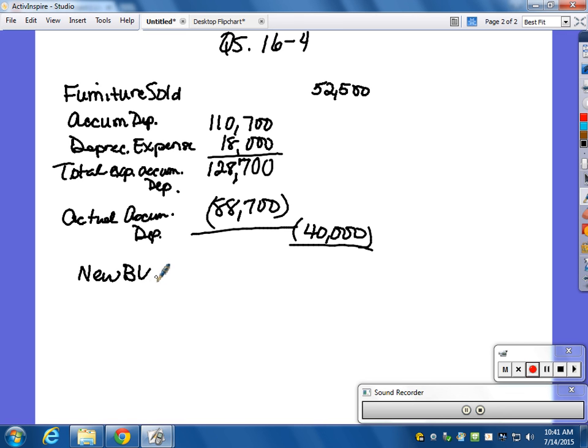How much? If you subtract what, 88? No, 40,000 from 52,500. Oh, 12,500. Why are we taking 40,000 negative? Because it needs to be subtracted. We're really just putting a minus sign in front of it. You can do that, or you can express it in negative, either one.